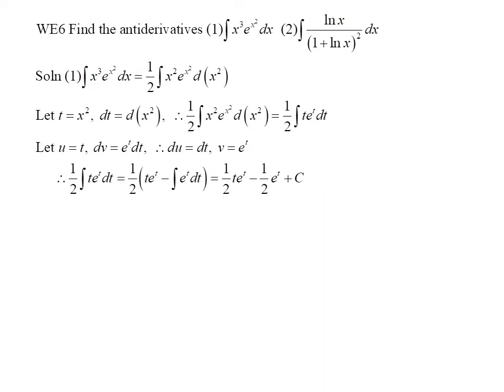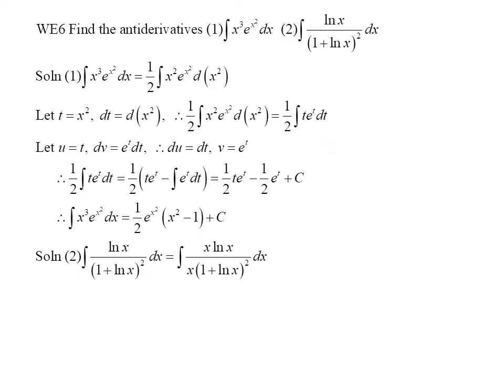Hence the antiderivative is written as 1/2 times (t e^t minus the integral of e^t dt), which equals t e^t/2 minus e^t/2 plus C. After substituting t for x^2, the antiderivative equals 1/2 times e^(x^2) times (x^2 minus 1) plus C.